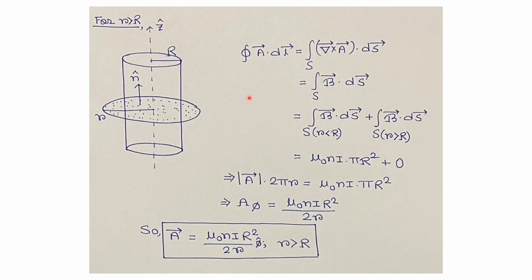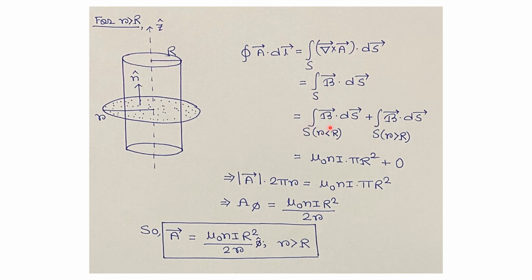Now the magnetic field inside the solenoid is constant, that is mu naught N I, but outside the solenoid the magnetic field is 0. So we'll split this surface integral into two parts, one for inside the solenoid and the other for outside the solenoid.